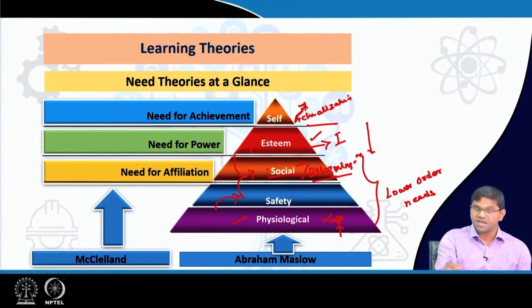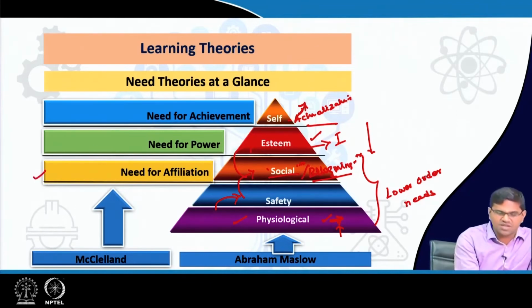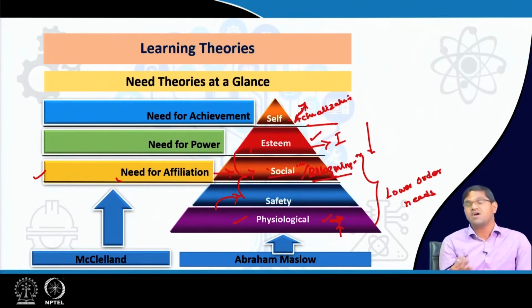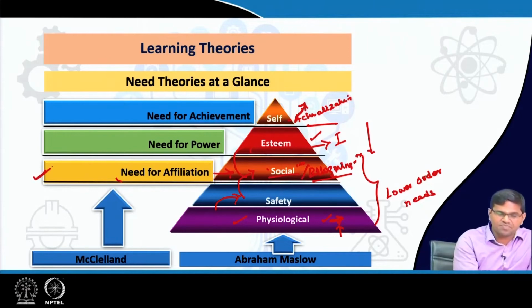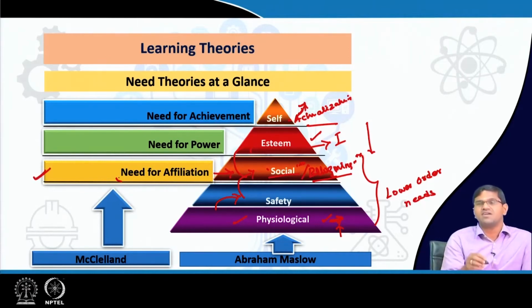And then comes McClelland's theory of needs, which again has three needs. The first is need for affiliation, which is very similar to the social or belonging needs that Abraham Maslow is talking about. Here, people look for belongingness, relationships, love and affection, and they want to satisfy that need.